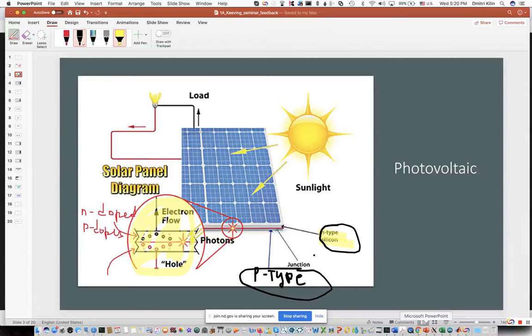In the red circle you see your electron flow and your hole, and in the lower right-hand corner you have a junction between your N-type and your P-type. This whole solar panel is used to power a light bulb. So that's the photovoltaic process. Next slide.